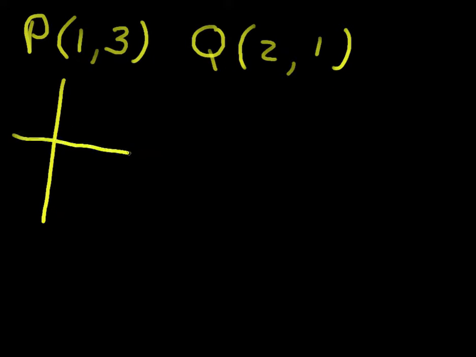I've got an XY axis, and the point 1, 3 is maybe about here, and the point 2, 1 is somewhere around here. And the line through those 2 points, let's see how well I can draw, connecting these 2 points, we get the line.